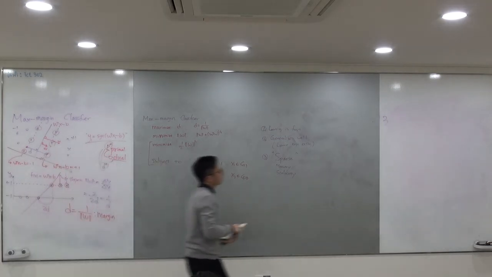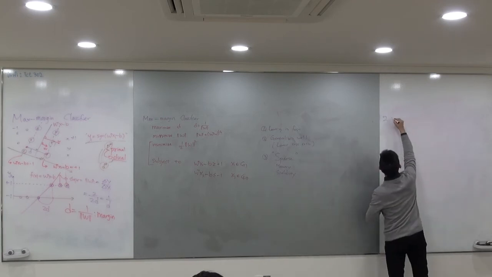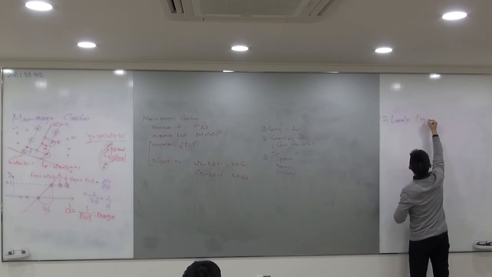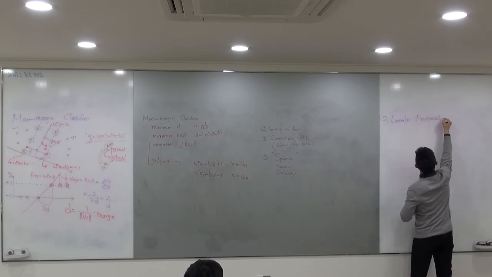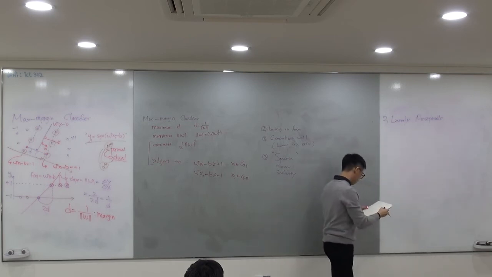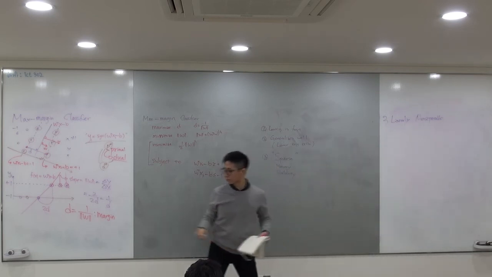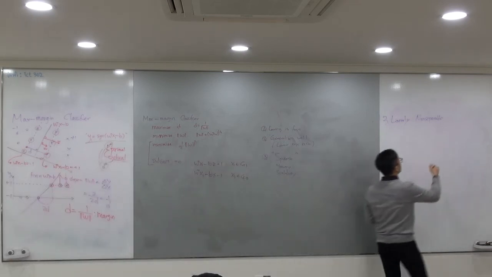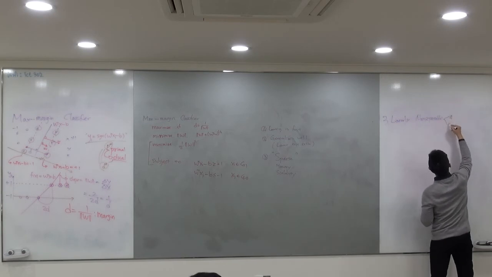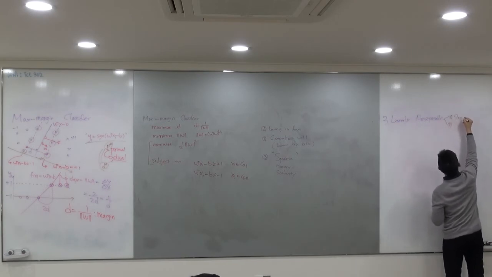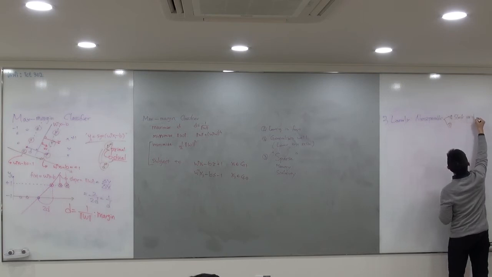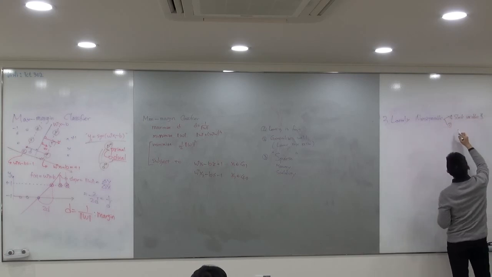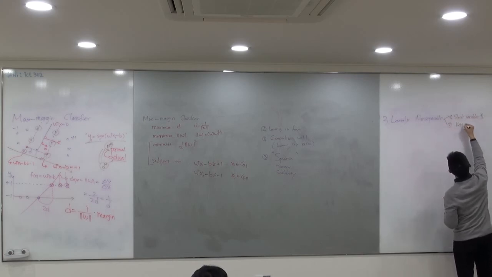So I want to talk about what if data are non-linearly non-separable. There are basically two remedies to this problem. One is what is called slack variables, typically denoted by the Greek letter psi, and the other is using kernels.